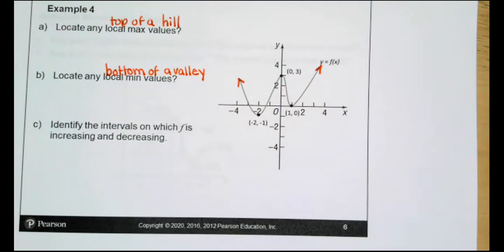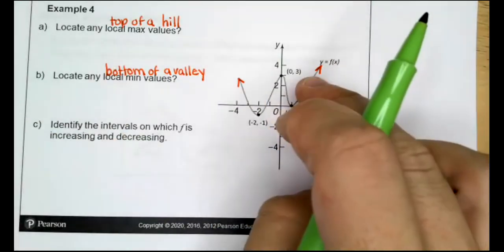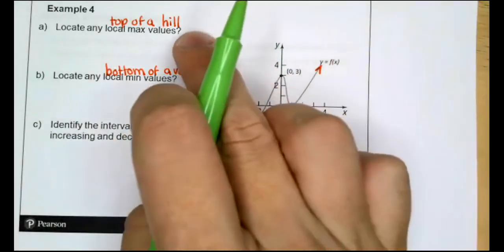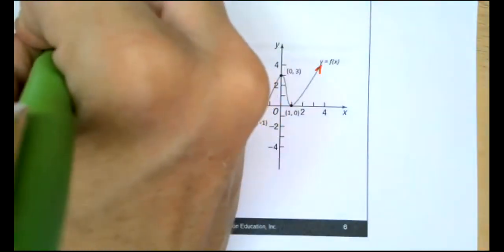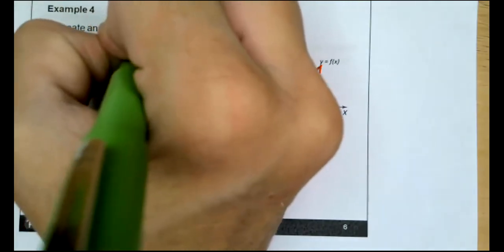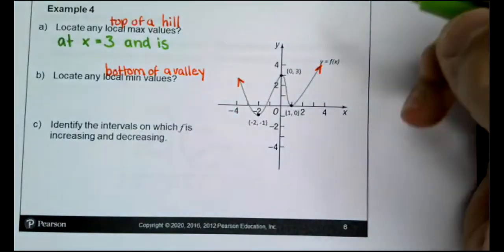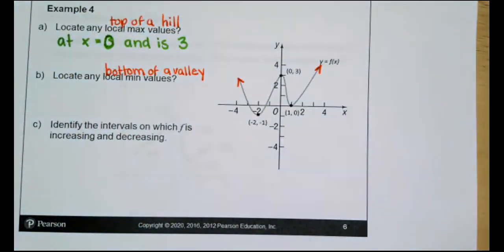All right. So there's only one local max. These are not local maxes. They go on forever. We don't know. There's no hill, right? So we'll say the local max value is at x equals 0 and is 3. Okay, so that's a way they may ask you to write it.